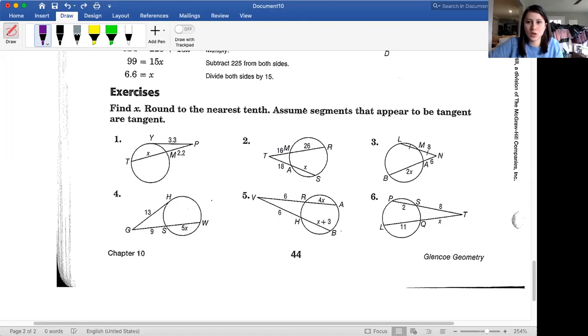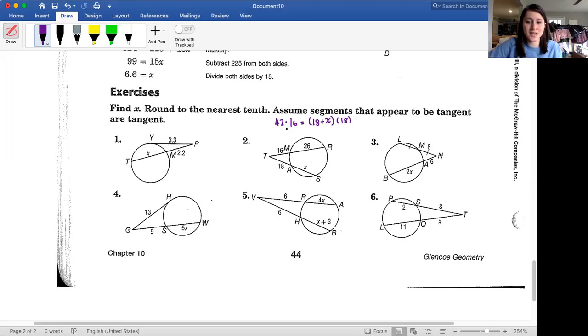Okay, so 42 times the part outside the circle, 16, is equivalent to, oh, this entire length. So I'm going to actually have to write that as a little expression, 18 plus x times 18. Okay.